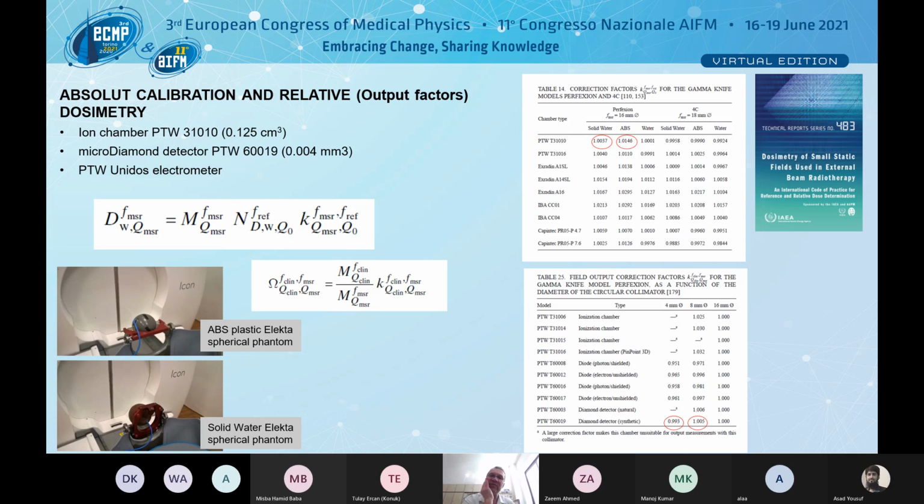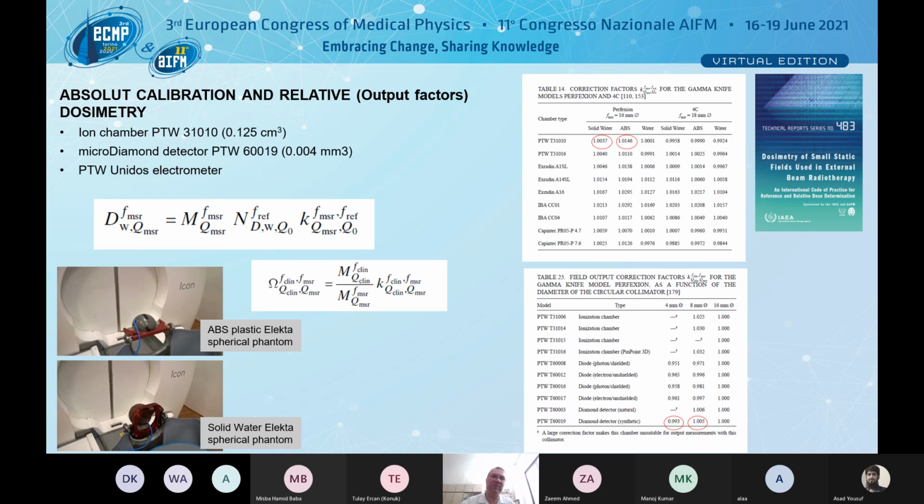And then it took several years, really, years, to publish the final version of this document, and I'm sure there are many gamma knives, I would say most gamma knives, which are still not calibrated according to this new protocol.